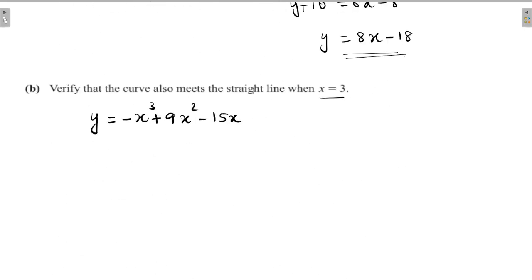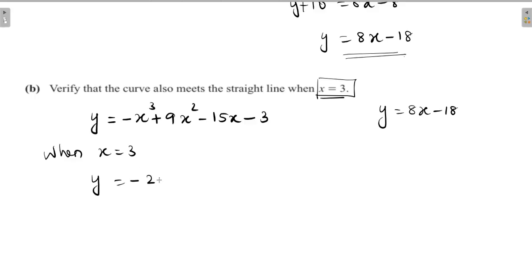This is the equation of the curve. Now we found the equation of the line, y = 8x − 18. We can replace the point x = 3 value. When x = 3, what is y on the curve?